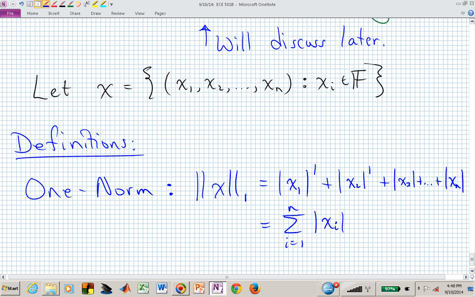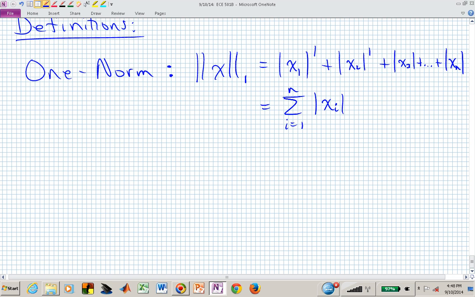That's the 1 norm. That one maybe you aren't that familiar with. Maybe you are. Has everyone seen the 1 norm? And these just are different ways of measuring length of a vector. Okay? So let's now look at the 2 norm.